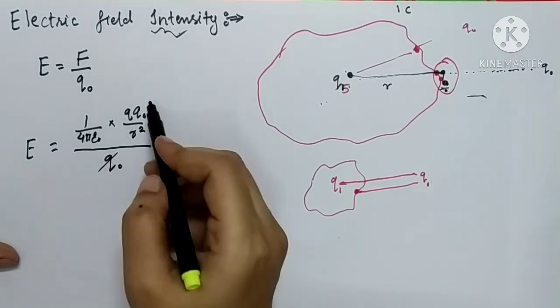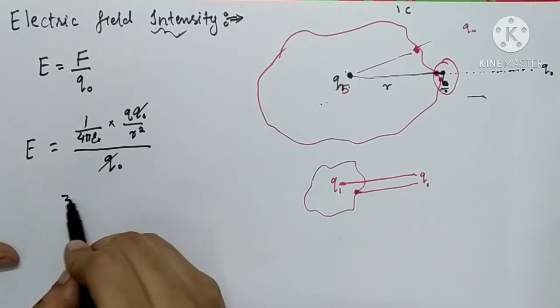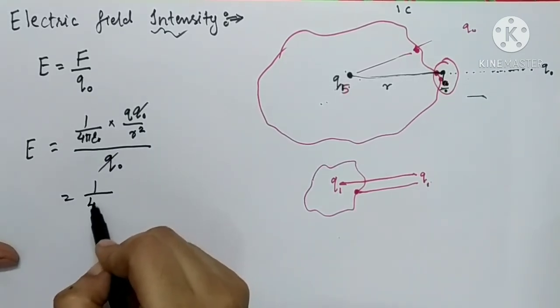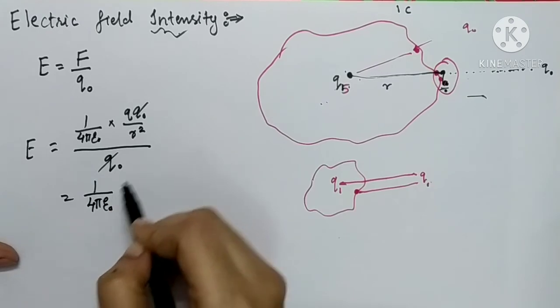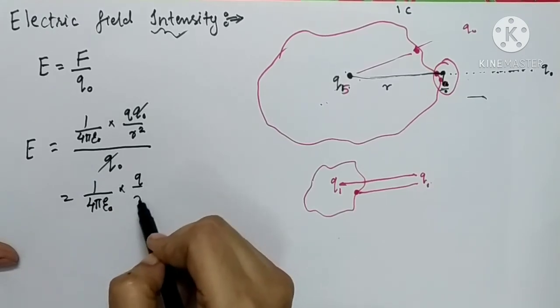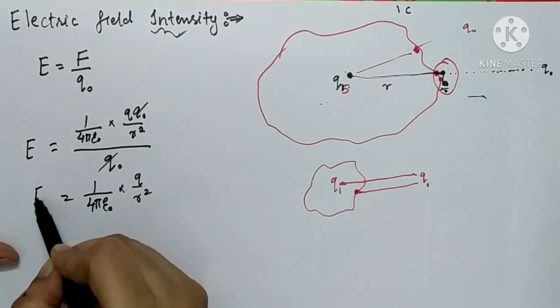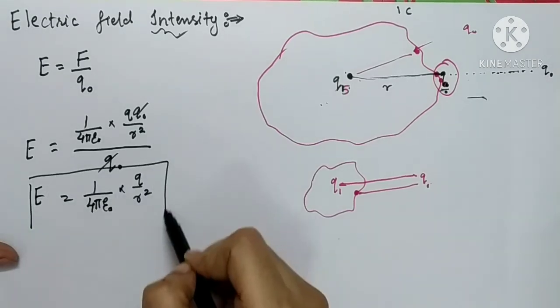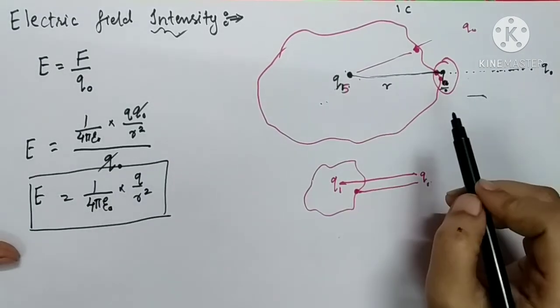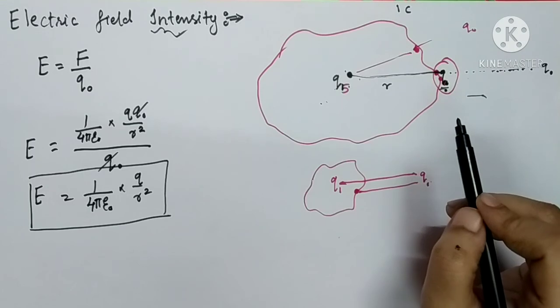So in this expression, Q0 is going to be cancelled. It is nothing but 1 by 4 pi epsilon 0 Q upon R square. So this is the required formula of electric field intensity. This is the concept of electric field intensity.